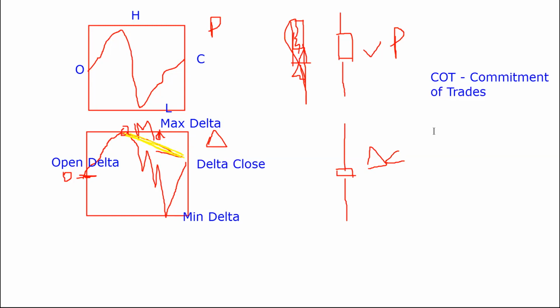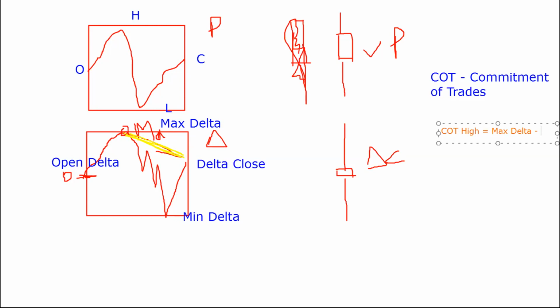So COT high value is like COT high, which is nothing but max delta minus delta close. From the max delta, it starts calculating the total number of net buyers and net sellers.